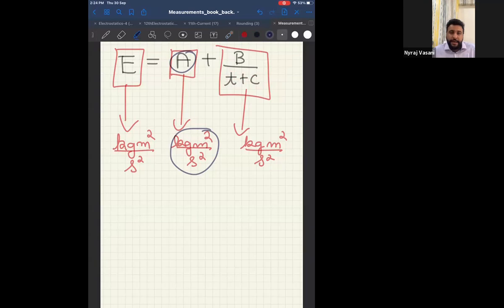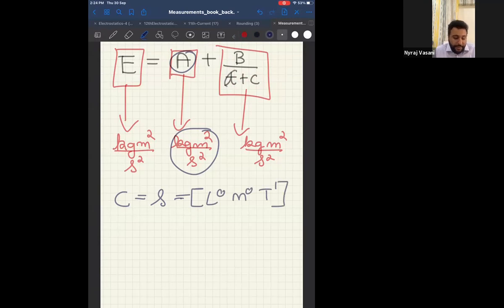Therefore, I can directly conclude that the dimension of C is the same as that of T. That means it is second. Therefore, the dimension of C is L0, M0, T1. Because time cannot be added to any other thing other than time.